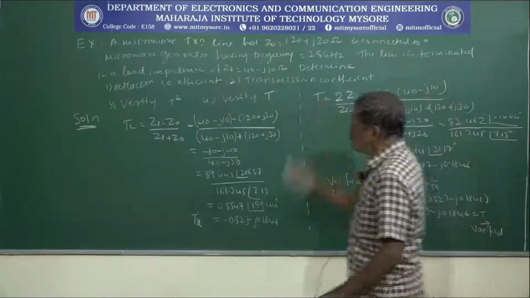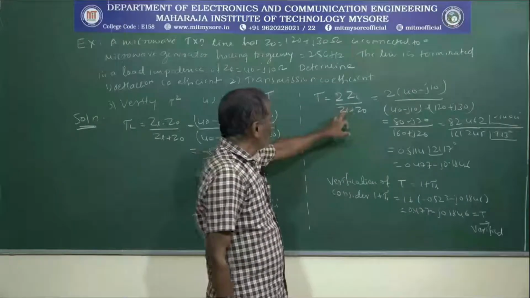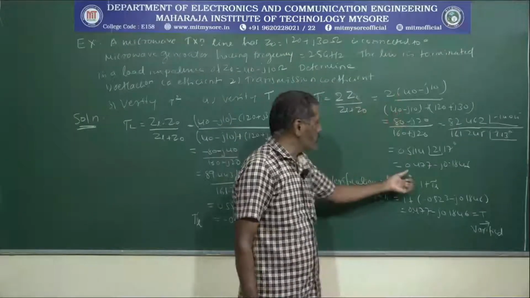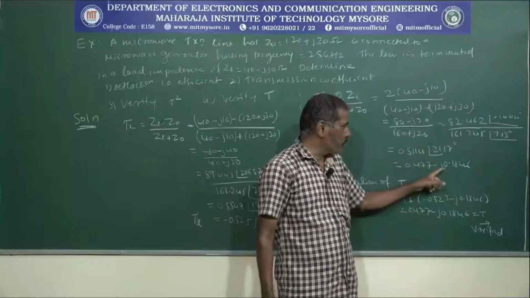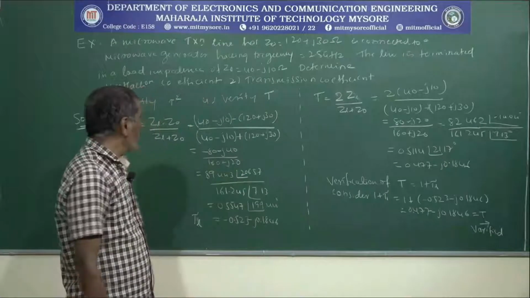Then calculate the value of T equal to 2ZL divided by ZL plus Z0, where ZL and Z0 are given in the problem. Substituting the values, after simplification, the value is 0.477 minus j0.1846.